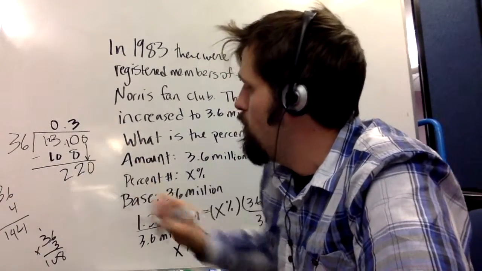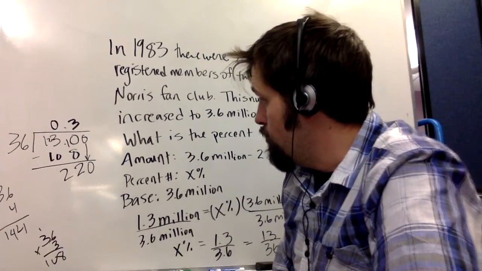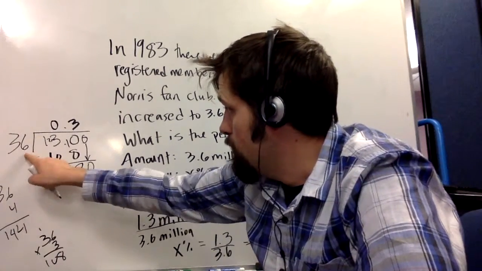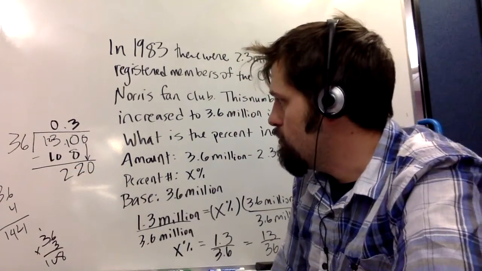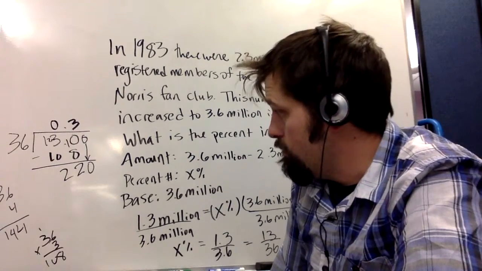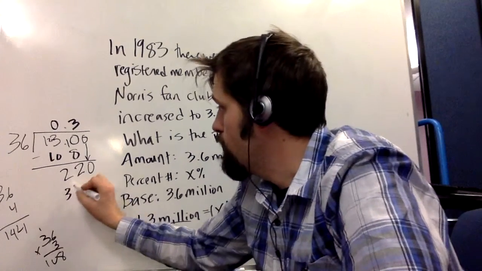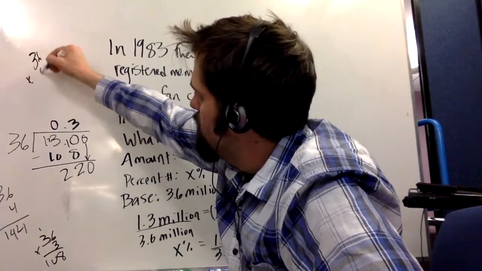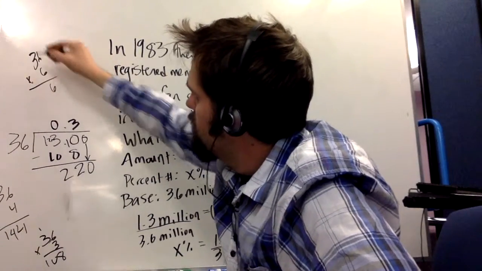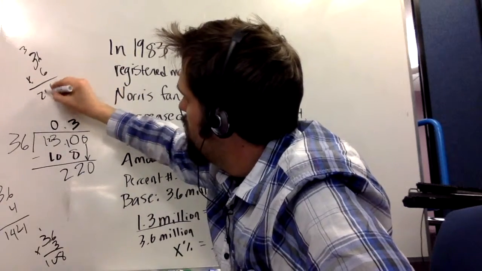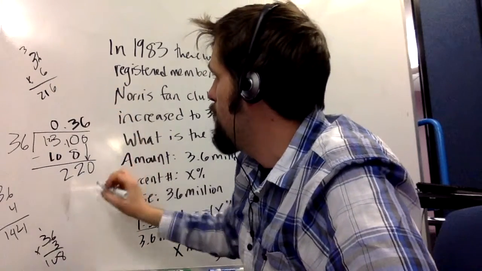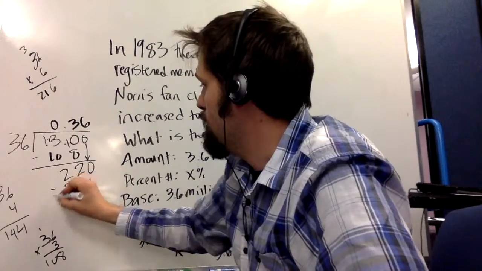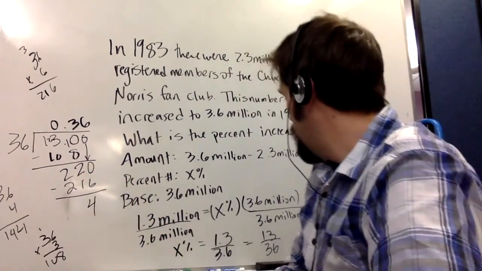Bring down a 0. Now I'm looking for how many 36 can fit into 220. So I know it's more than 4, so let's try 6. 36 times 6. 6, carry the 3, 216. That looks like a good amount. 216, 4.